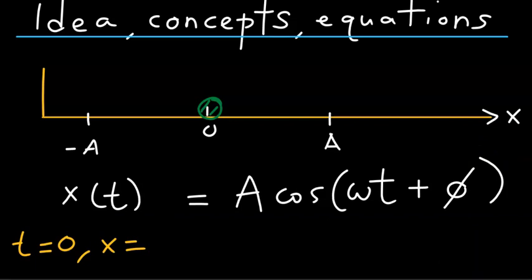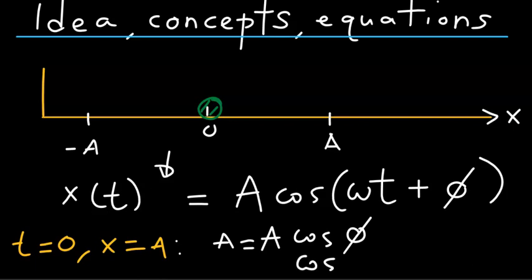Now let's assume at t equals 0, the object is here, so x equals a. Substituting this information in this expression, you get a equals a cosine phi. So cosine phi is 1.